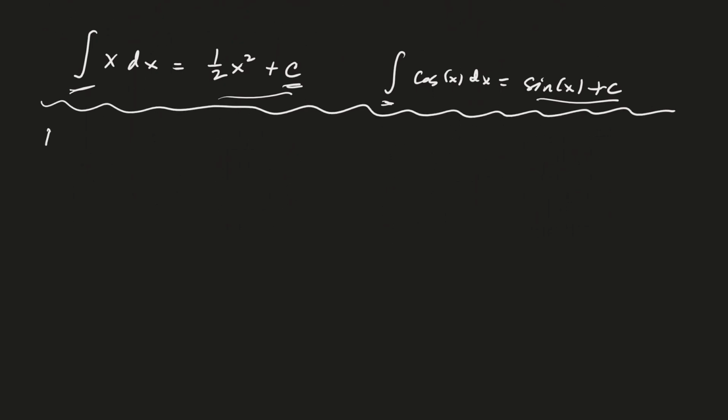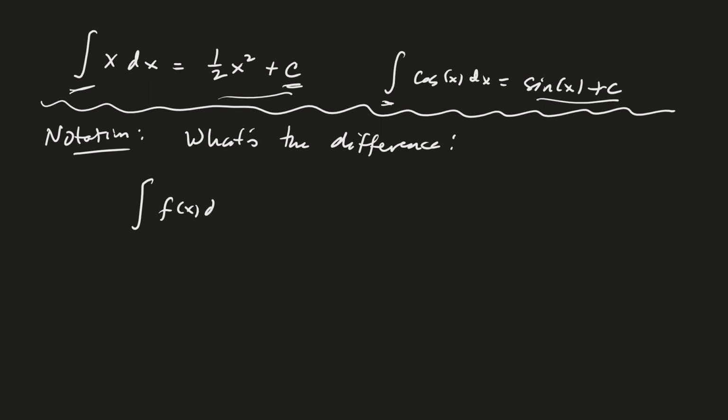Good. So I just want to be sure that we're paying attention here about the notation. So just a caution about the notation. What's the difference between the integral of f of x dx, the integral from a to b of f of x dx, and the integral from a to x of f of t dt?